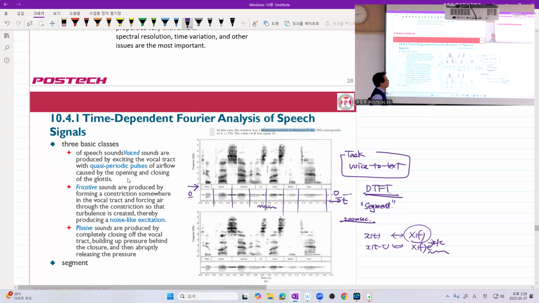Got it? So we have some decreasing instantaneous frequency there. And this information people initially thought could be used to recognize what is uttered by a person.